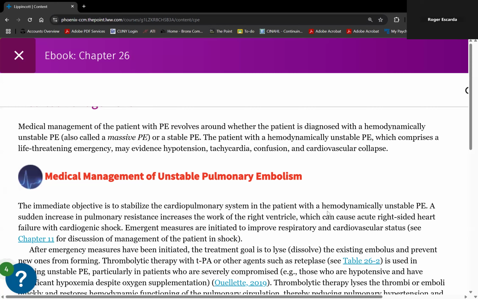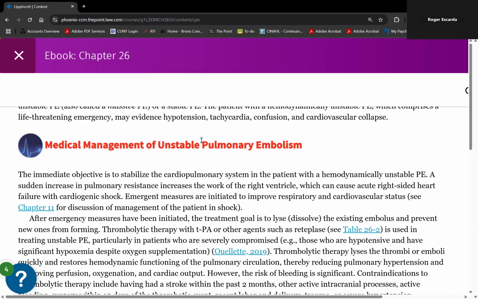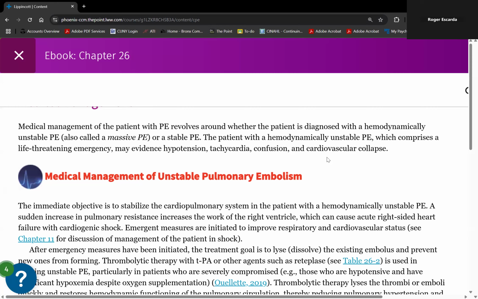Now, massive PE, these patients are critical because they are hemodynamically unstable, meaning the clots are so big or so many that it causes acute pulmonary hypertension. The heart failed as a result. Because what is the job of the right side of the heart? Push blood where? Into the pulmonary arteries, correct?